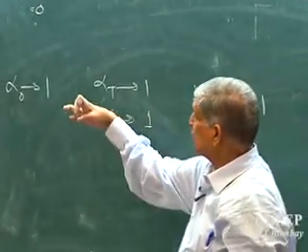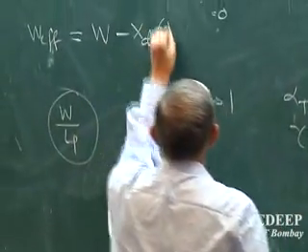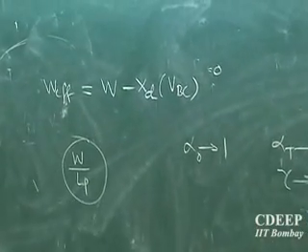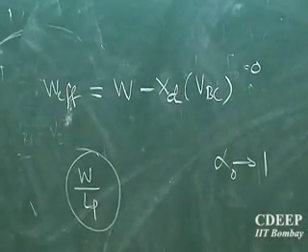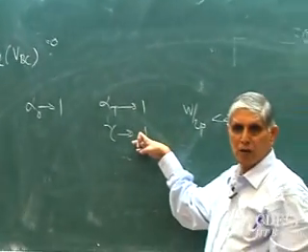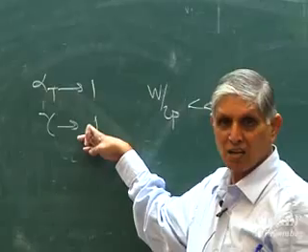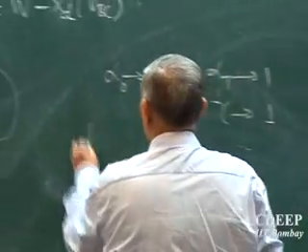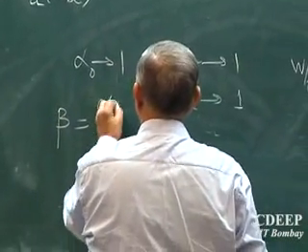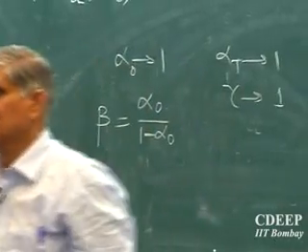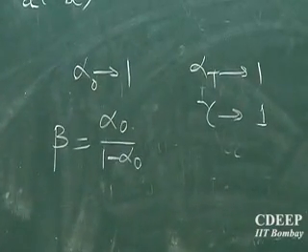So the larger the VCE, which is a function of VBC, the smaller is W. Smaller W means alpha T and gamma both rise. Alpha comes closer to 1 and therefore beta enhances. Is that correct? If alpha comes closer to 1, beta also enhances.